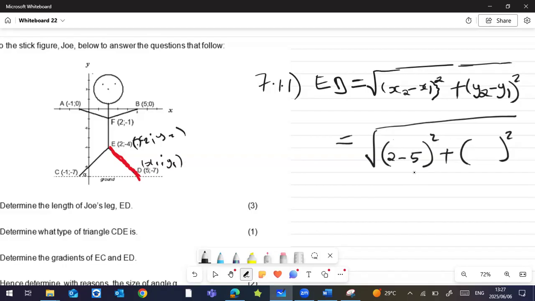Then my y2 according to my choice there is minus 4, minus 7. Let me just delete here. It's minus 4 minus 7 squared.